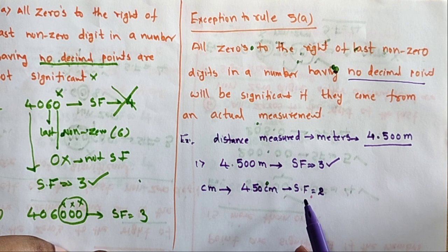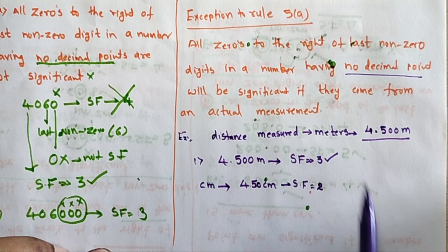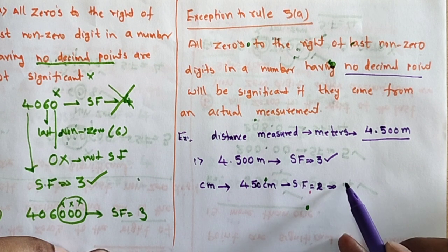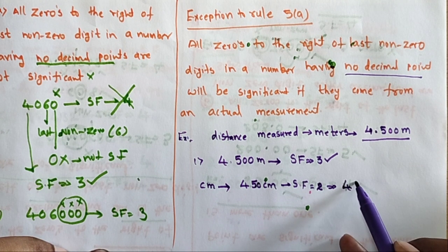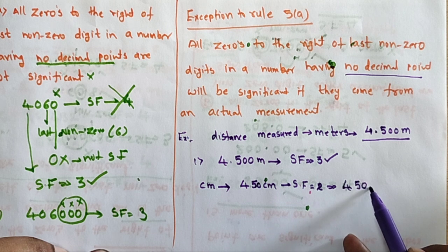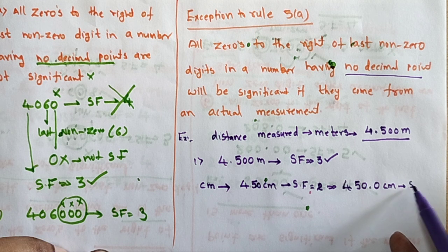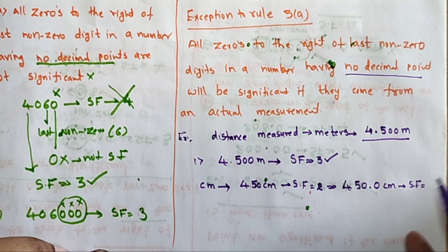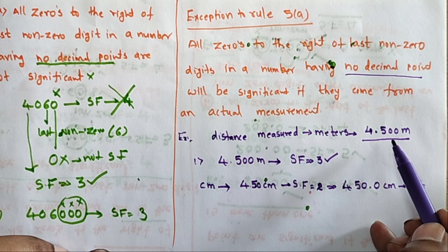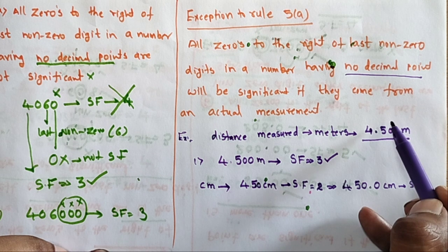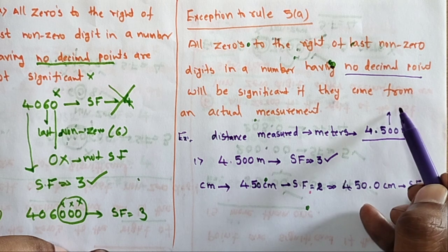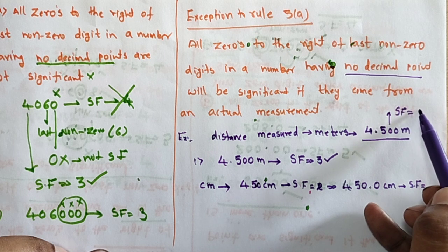So here we can take some values, so I will write exactly 450.0 centimeter. So in this one, what is the significant figure? 4.500, significant figure is equal to 4.